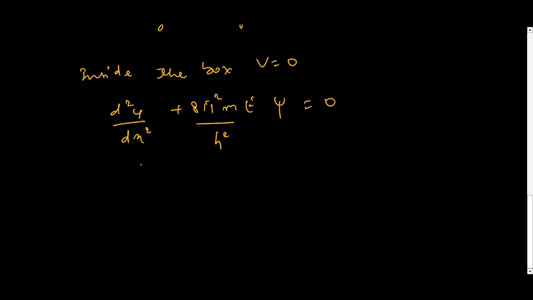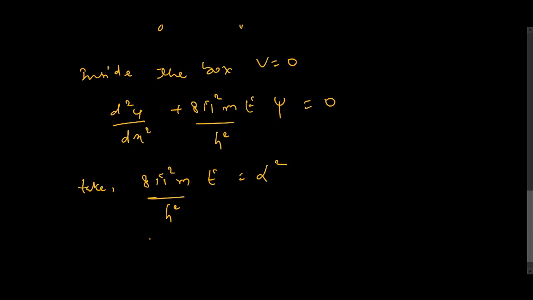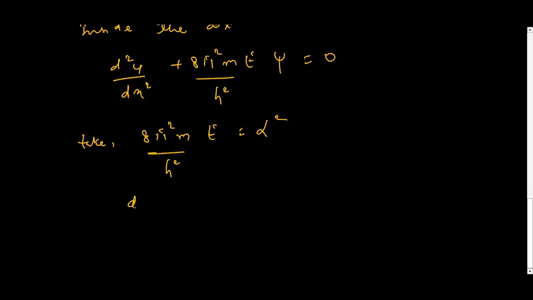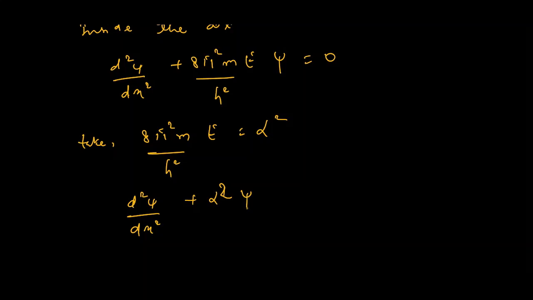Now in order to homogenize this equation, we take 8 pi square m upon h square E is equal to alpha square. Substituting this, we get d square psi upon dx square plus alpha square psi is equal to 0.